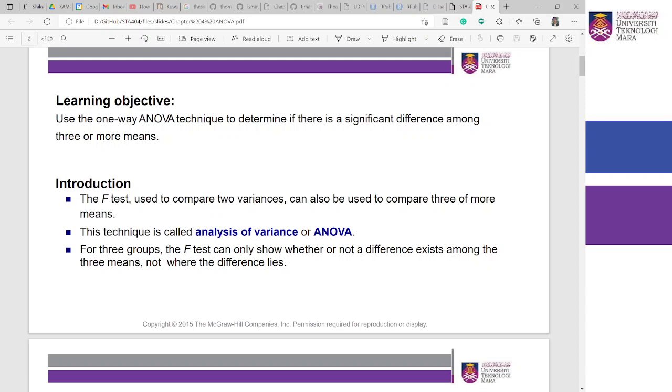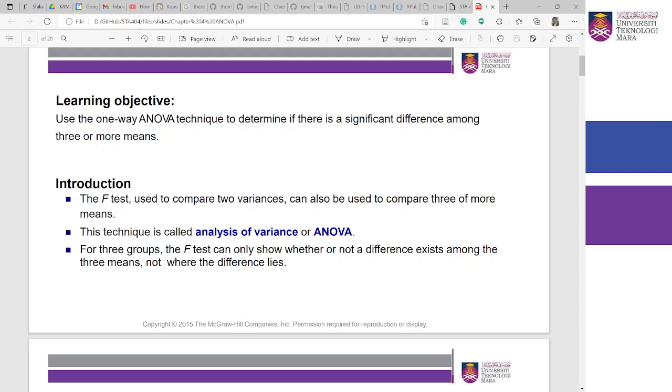Kita nak tengok sama ada variance equal ataupun tidak. Yang tu kita gunakan F-test. So ini dalam Levene's test. So the Levene's test is using the F-test because we are comparing two variances.